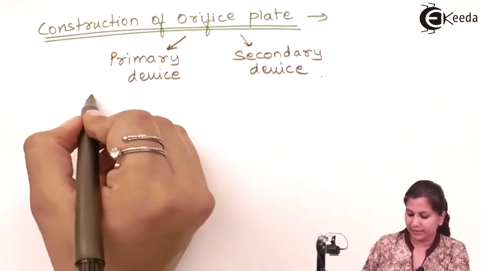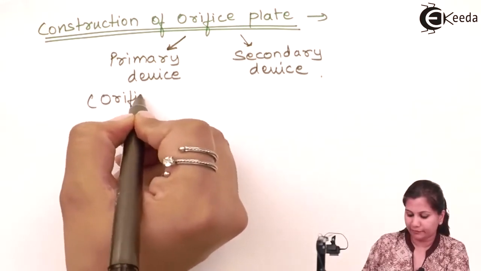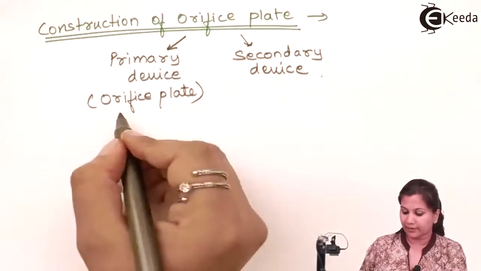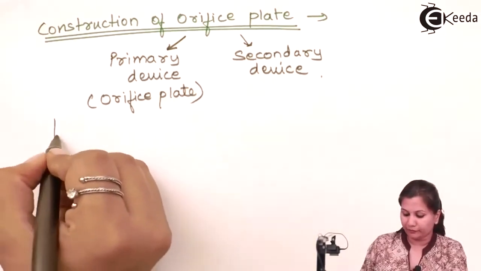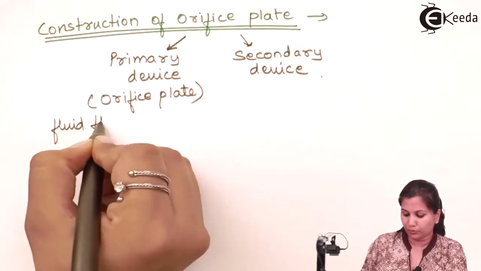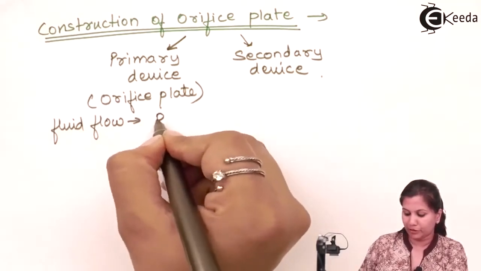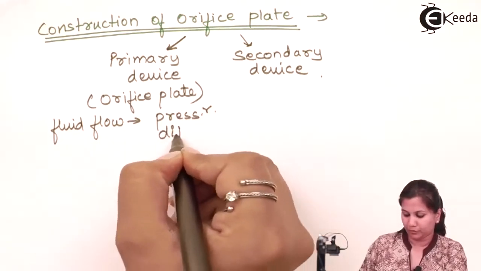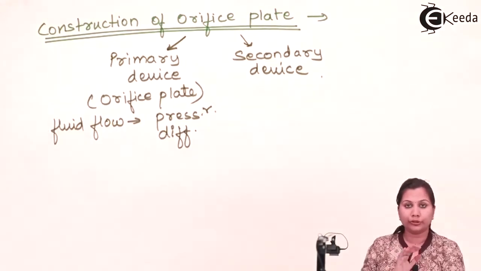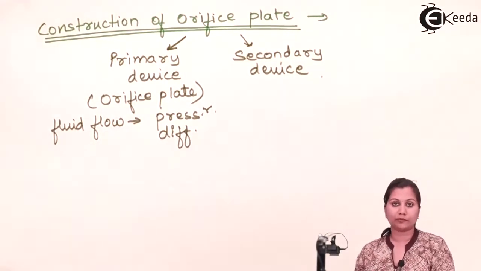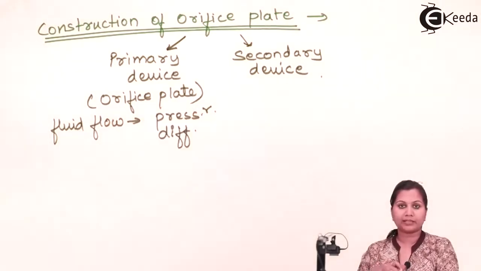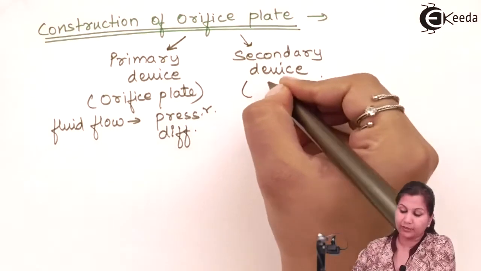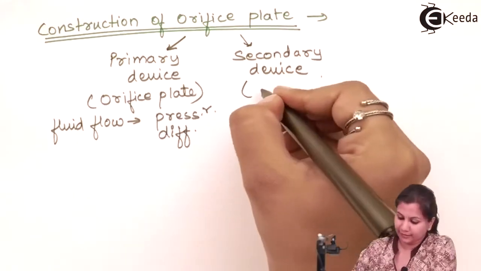The primary device is the orifice plate itself, and this orifice plate is converting the fluid flow into the pressure difference. Due to the fluid which is flowing and this orifice plate, a pressure difference is being created. Now the secondary device is a differential pressure sensor.